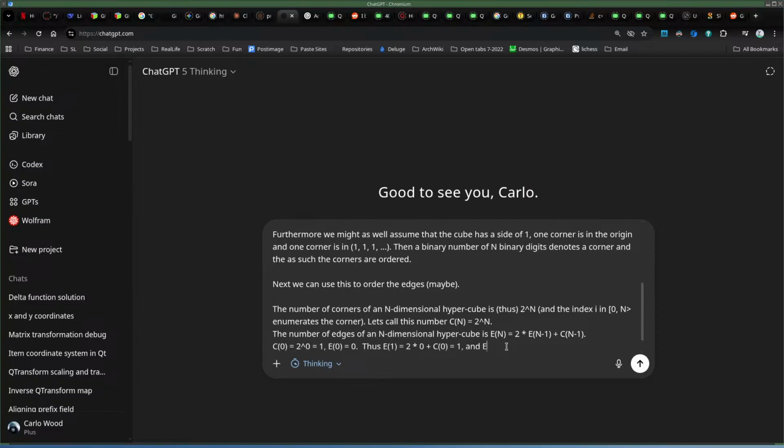And E2, that is a square, is 2 times E1 plus C1. Now we just calculated E1, that's 1, so 2 times 1 is 2. And C1 is 2 to the power 1, is also 2, so that's 4.